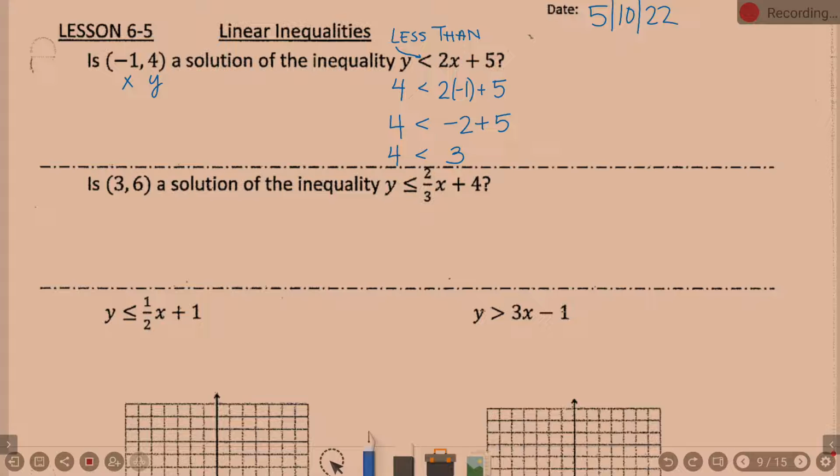So this is a less than symbol. Is 4 less than 3? No, 4 is not less than 3. So is this a solution? No, and that's because this is a false statement.